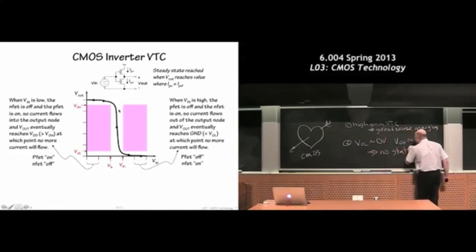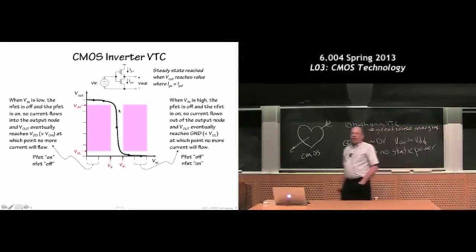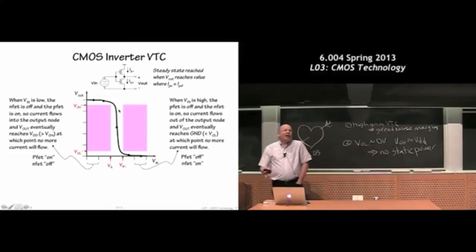In the steady state, no currents are flowing. That's not true of every logic family. In fact, it's not true of almost any other logic. The reason CMOS has been king for so long is these two items. Everybody understand why we send a Valentine to CMOS? Why the digital world has happened and we carry it around in our pocket is because of these characteristics.